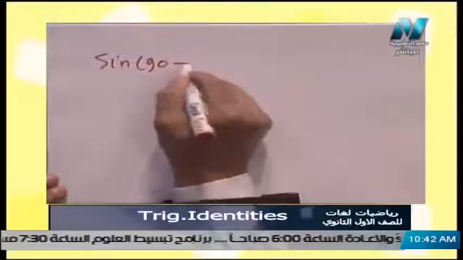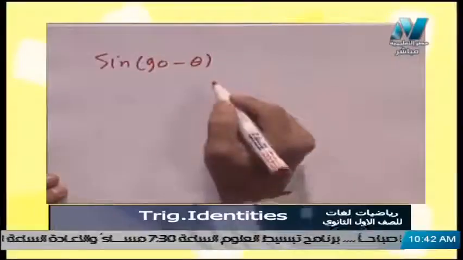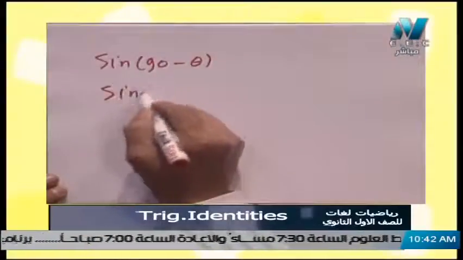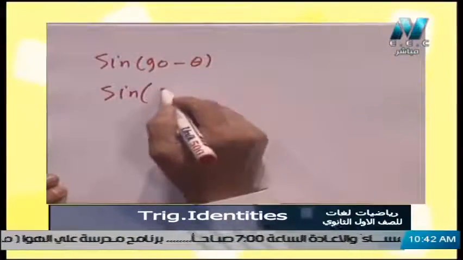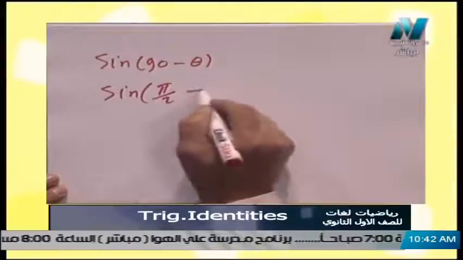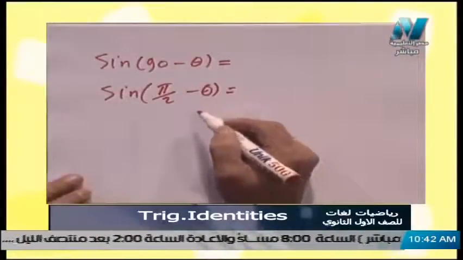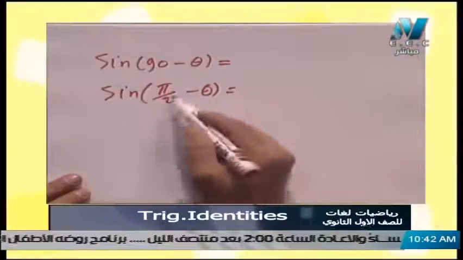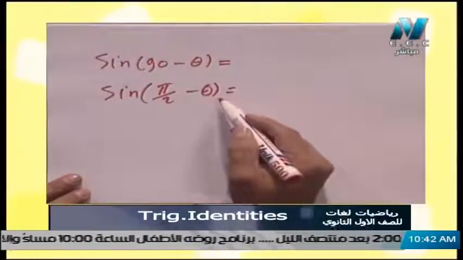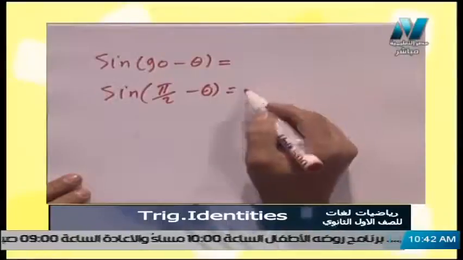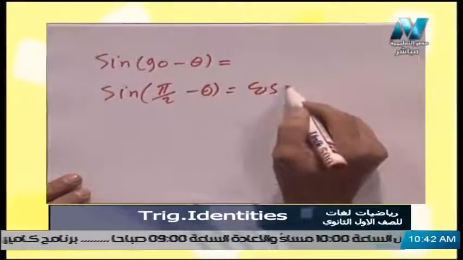Let's move to another example. If we have sine of 90 minus theta, or sometimes we write it as sine of pi over 2 minus theta. We know, my dear students, that sine of 90 minus theta, or sine of pi over 2 minus theta, equals cosine theta.